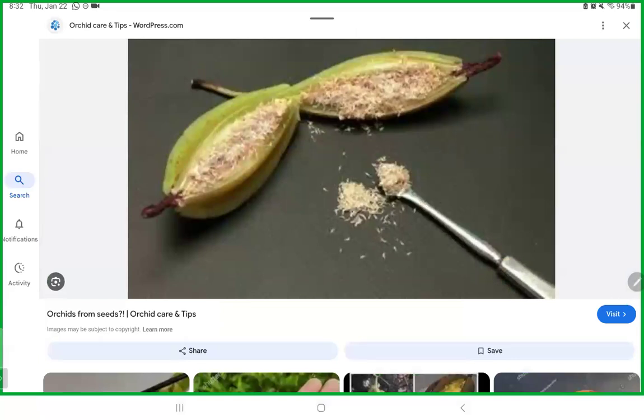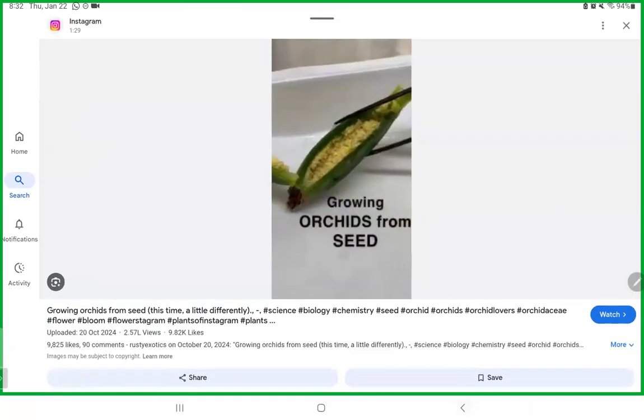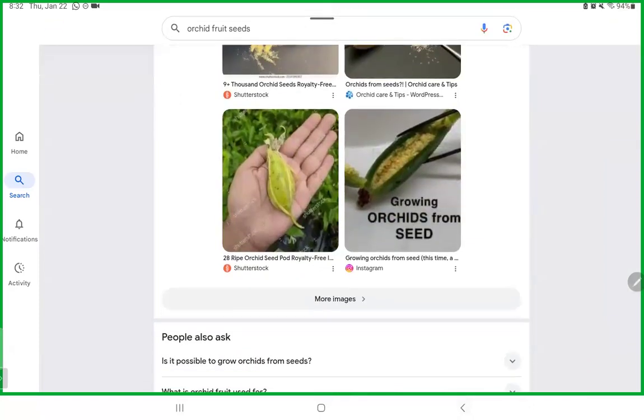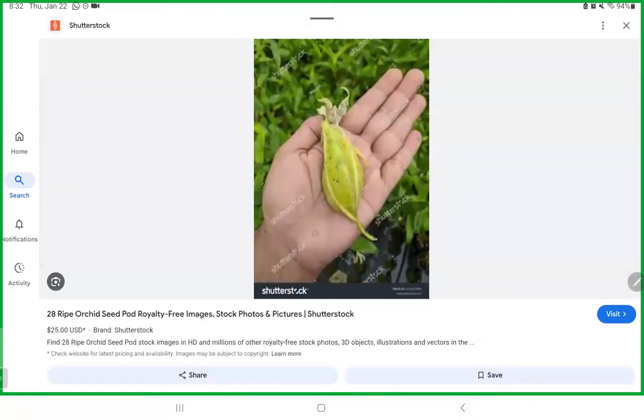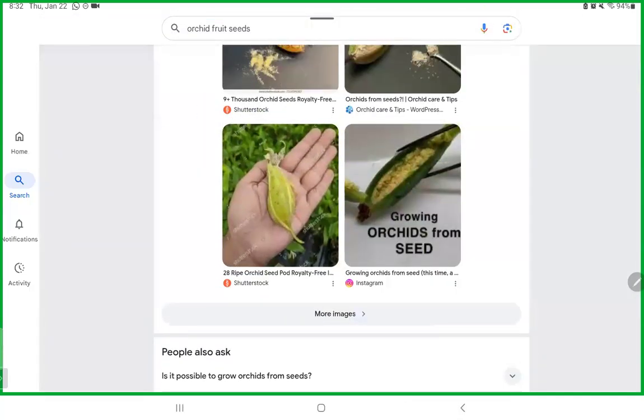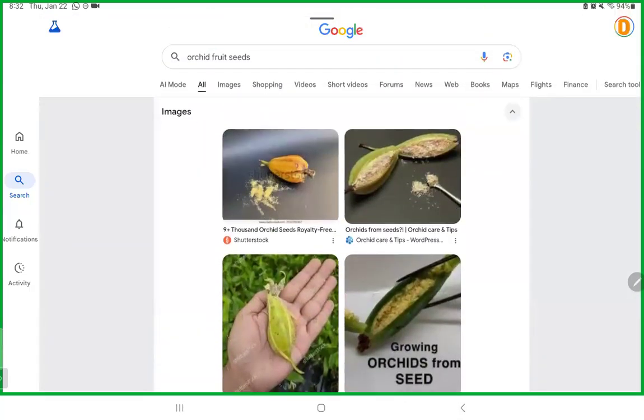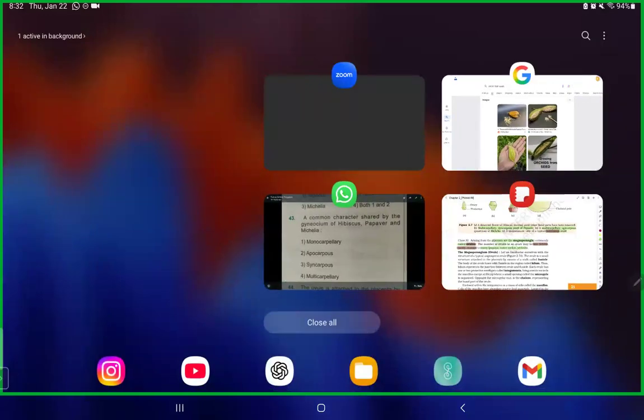Anybody of you have seen this before? Orchid. No, sir. That's why, because we can correlate with watermelon and papaya.